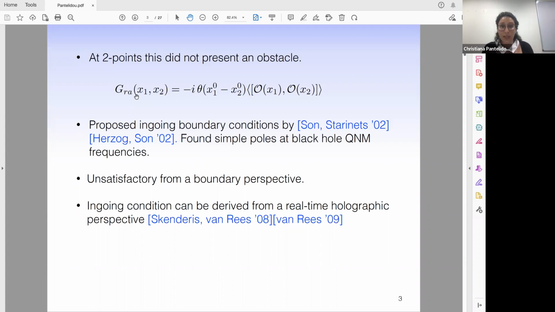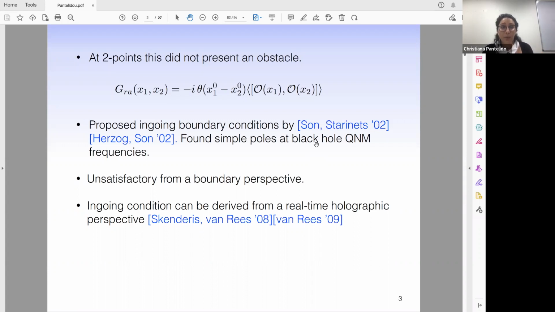To be more precise, what was found was that this retarded two-point function has simple poles precisely at the locations of the black hole quasi-normal mode frequencies. So this is a very beautiful and quite universal result.